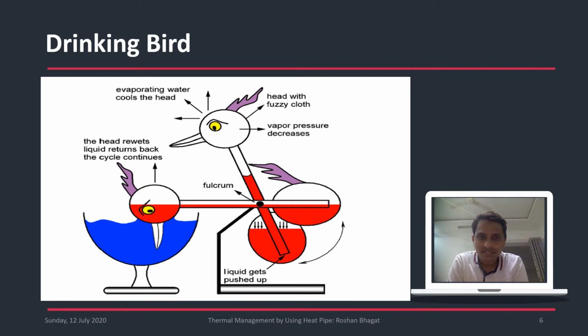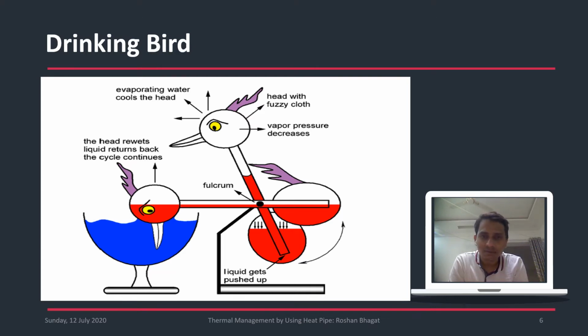The methylene chloride expands, and because of this expansion more fluid will be available in the tail, which pushes the bird upright. So we see the bird goes upright because of this.